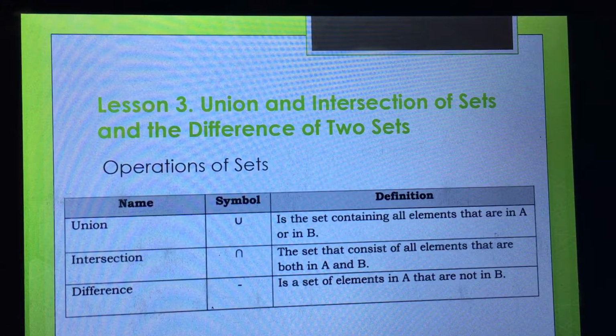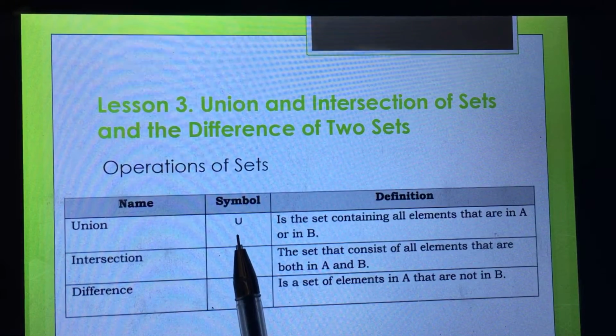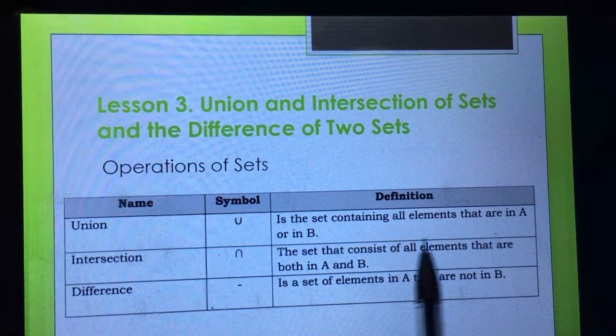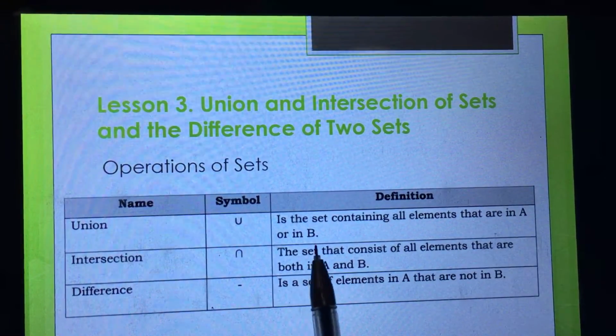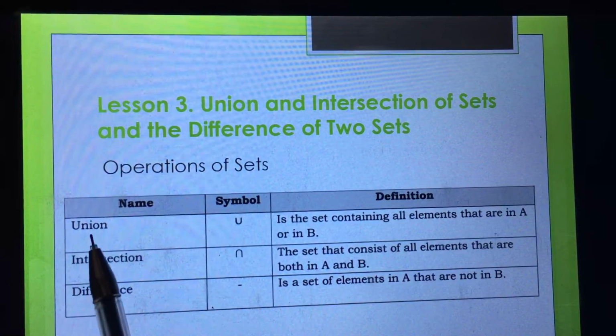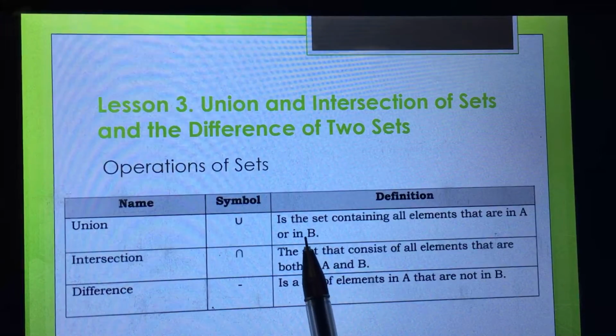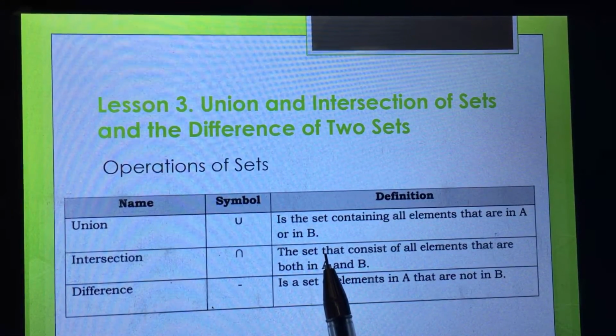Union of sets. Union has the symbol small u. It is almost similar to the universal set with the symbol capital U, but the difference is it is in small letter. It is the set containing all elements that are in A or in B. When you say union, you are going to combine all the elements of A and all the elements of B. But you have to take note there must be no repetition of elements.